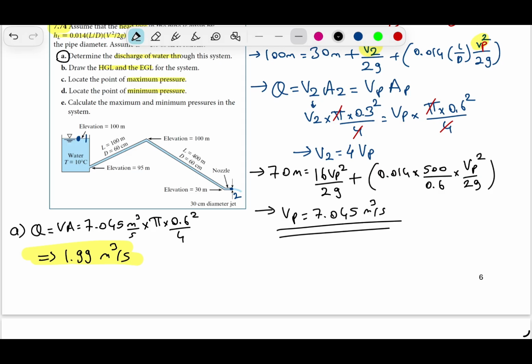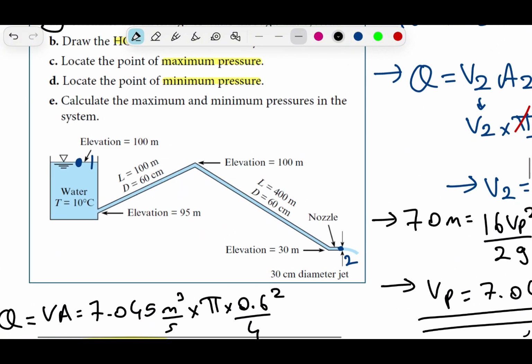And now we need to draw the hydraulic grade line and energy grade line. As you know, the difference between hydraulic grade line and energy grade line is V2 square over 2g. So let me use red for the hydraulic grade line. In this question, we don't have any pump or any other minor losses or turbine, so we will have a constant friction loss.